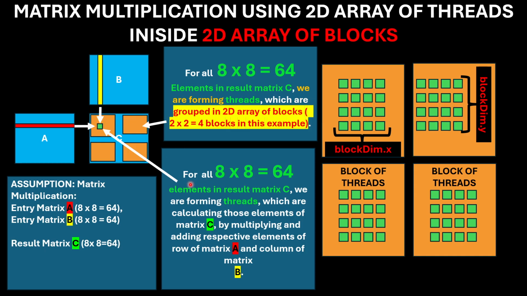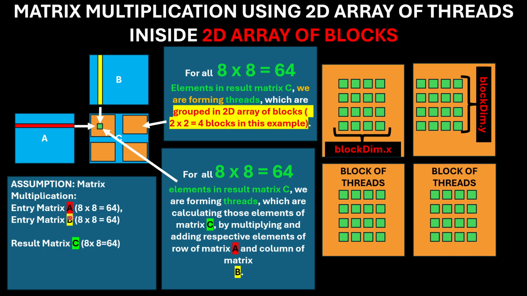For all 8 times 8, 64 elements in the result matrix C, we form threads which calculate those elements by multiplying and adding the respective elements of a row of matrix A and a column of matrix B. This is the standard way of forming one element, and we use one thread to execute it.